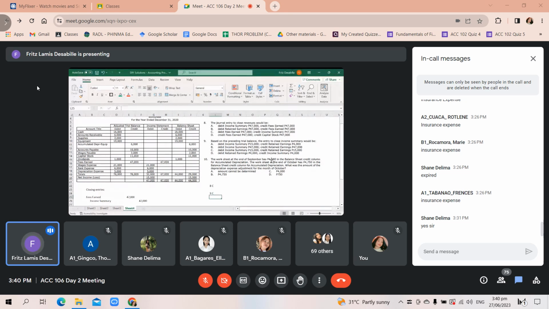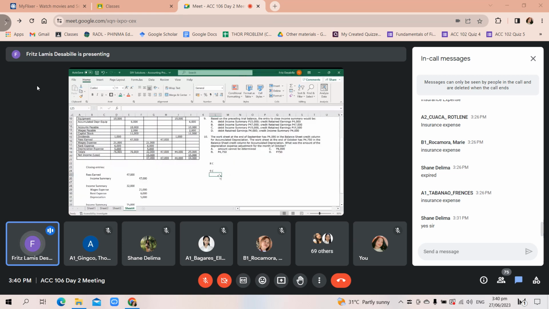Right? You started in September with 4,000. Then the next month, October, from 4,000 accumulated depreciation, it became 4,750. So therefore, there is additional depreciation expense, and additional accumulated depreciation, of 750. That's simply 4,750 minus 4,000. So the answer to number 10 is letter B.